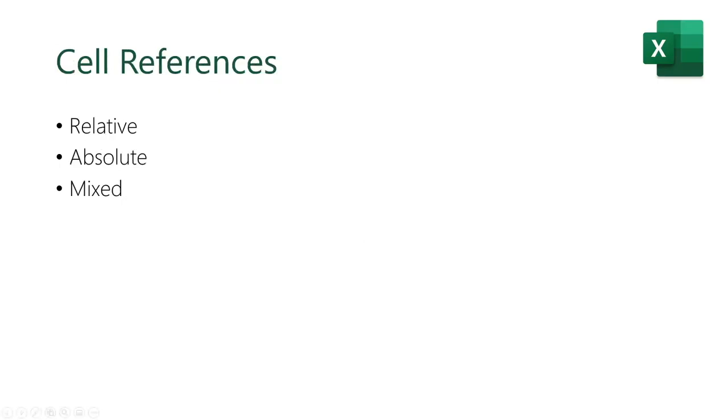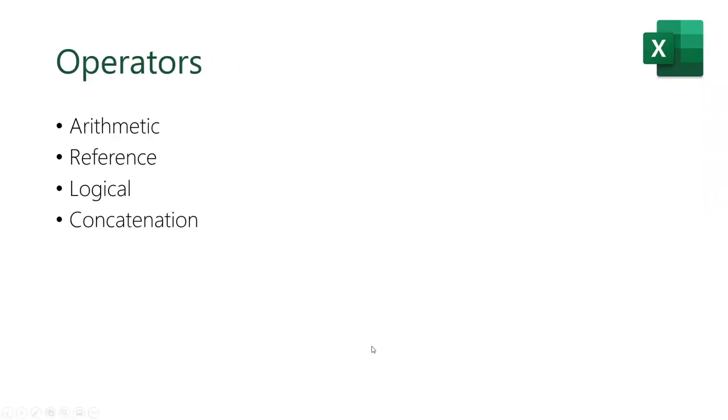These references can be of three types: relative references, absolute references, and mixed references. We'll cover all three of these today. Operators can be of four different types. We can have mathematical or arithmetic operators like plus, minus, multiply, divide, etc. We can have reference operators like comma, which is a union operator. You can have logical operators, where you are checking if two values are equal, if something is greater, or if something is lesser than something.